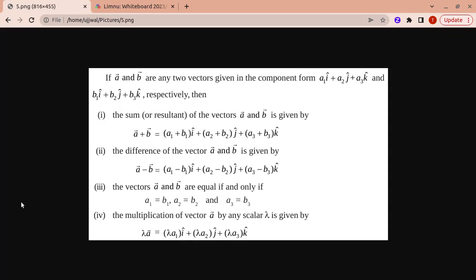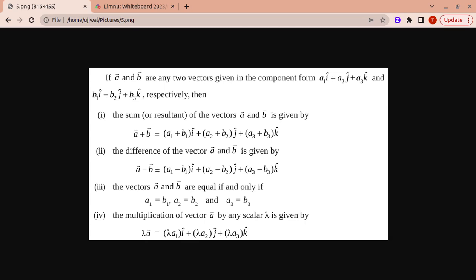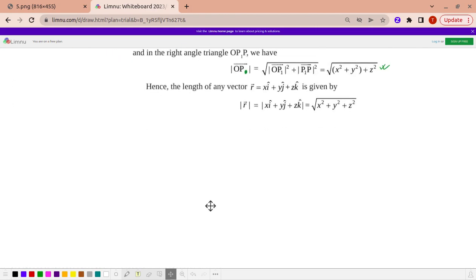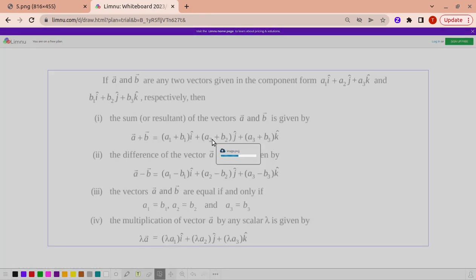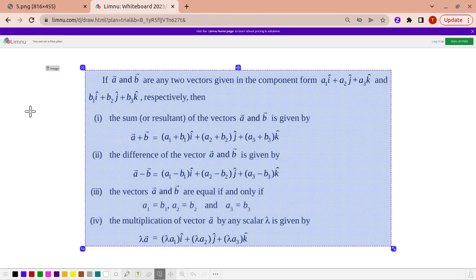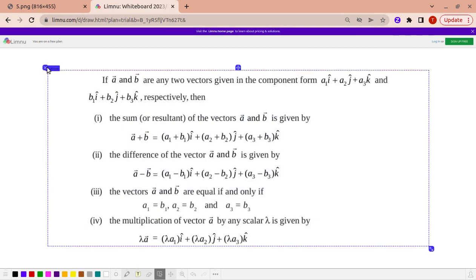Okay. Now let us see some algebraic operations on this. So let us take two such vectors a and b. In the component form, how can we express the vector a?